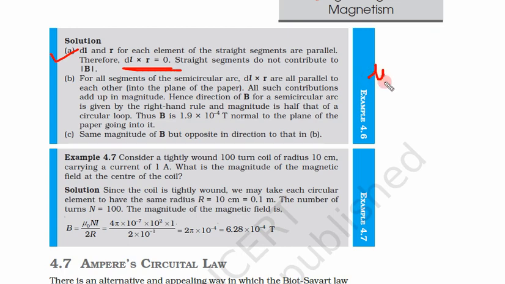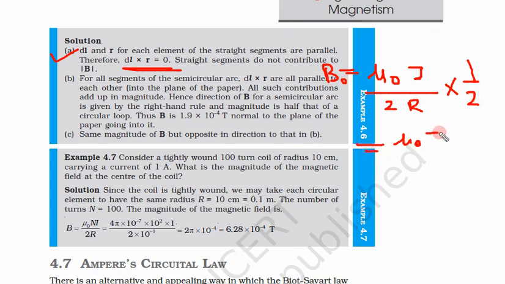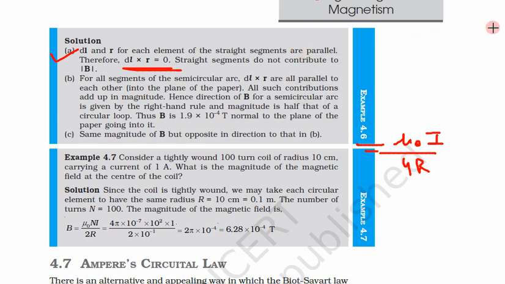For the full loop we know the contribution at the center was B0, mu naught I upon 2r. Since this is a half loop, the contribution is also half. So we have mu naught I upon 4r.